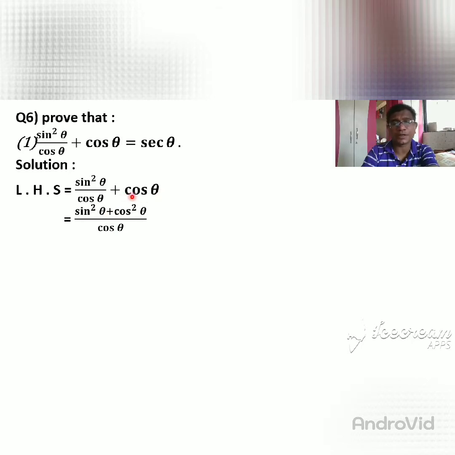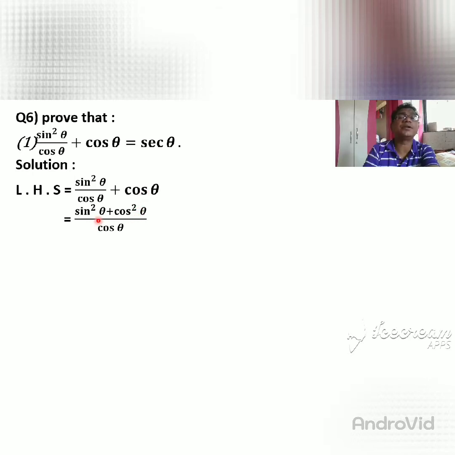Here there is only cos theta, with no denominator, meaning the denominator is 1. So cos theta divided by 1, multiplying by cos theta, so cos theta into cos theta gives cos square theta.